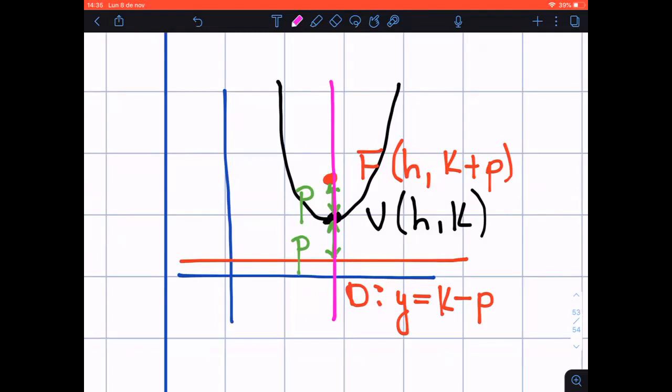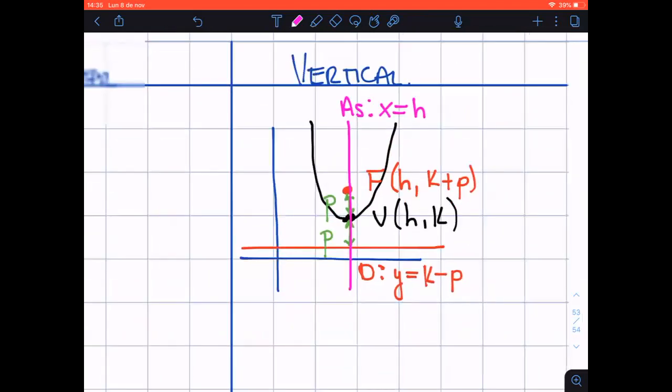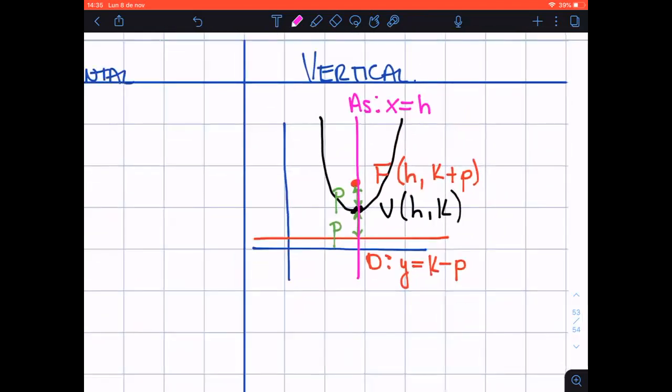The axis of symmetry will have the equation x, because it crosses the x-axis, equals h, because it has the same x coordinate as the focus and the vertex. I hope this helps to identify vertical positive parabolas and all its elements.